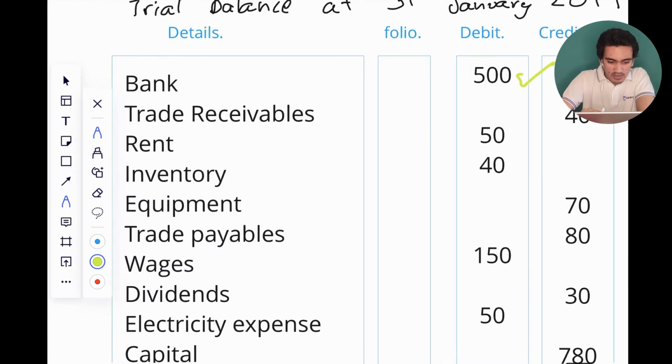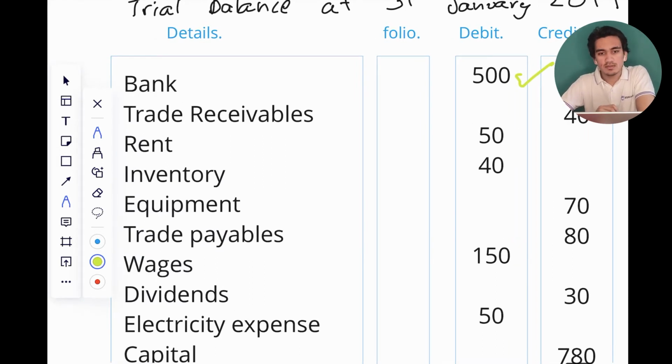Our trade receivables account over here is also an asset. So it should be on the debit side, but it's not. It's on the credit side. That means that is wrong. So we'll put the credit balance of 40 on the debit side and slash this out. Let's see rent. Rent is an expense. That's why it should be on the debit side. So it's correct.